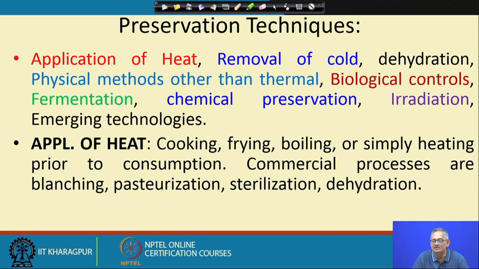Then dehydration, physical methods other than thermal, biological methods including some controls, then fermentation, chemical preservation, irradiation and emerging technologies. So, this is the big umbrella of the different techniques by which you can preserve your food material for a longer period.